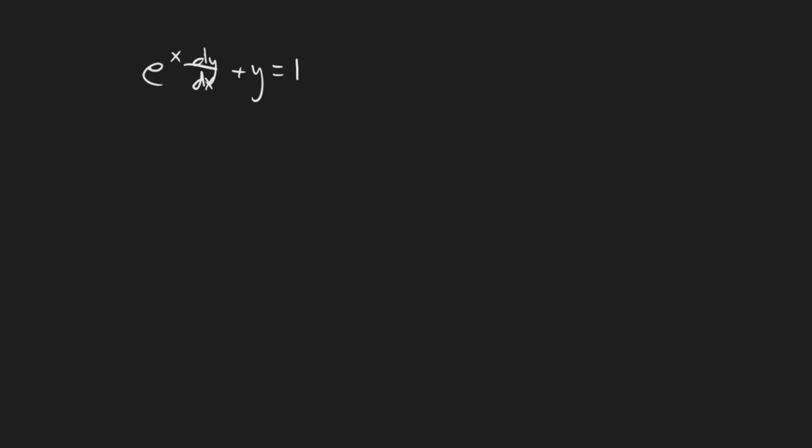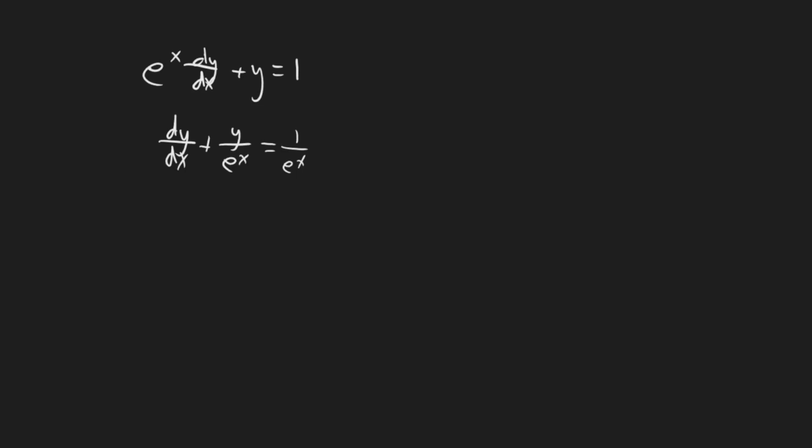Now remember, we always want the derivative to be alone, so we always divide the entire equation by whatever is sitting next to it. So this would give us dy/dx plus y over e to the x equals 1 over e to the x, like this. All right, and so then the next step, always finding the integrating factor.